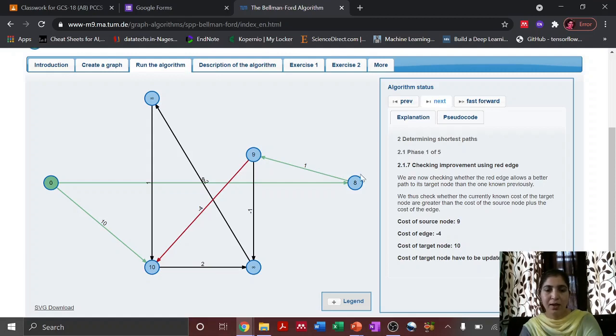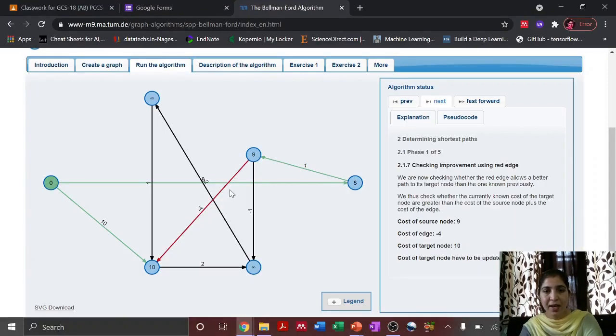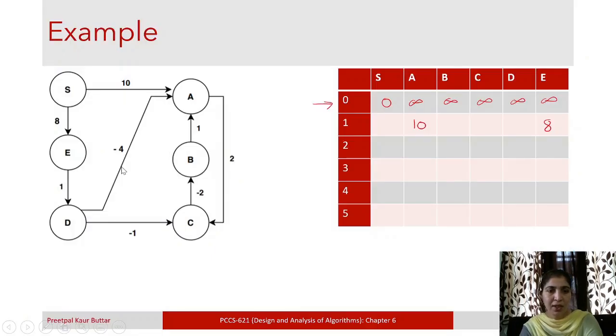So now we are considering this edge. The weight here is 8, right? This is the source and this is the destination. 8 plus 1 is 9. The new distance is 9, which is better than infinity, so it will be updated. If we look here, this is E to D. E's distance is 8 and E to D, the distance is 1.